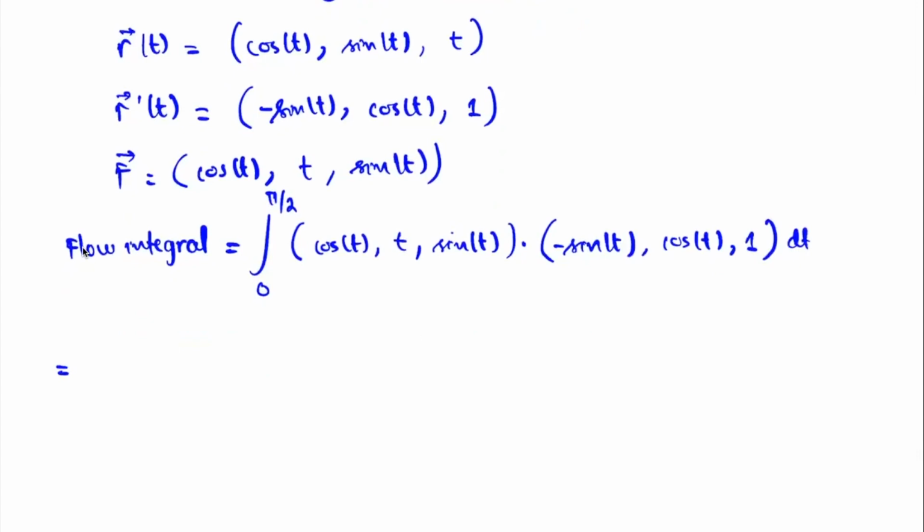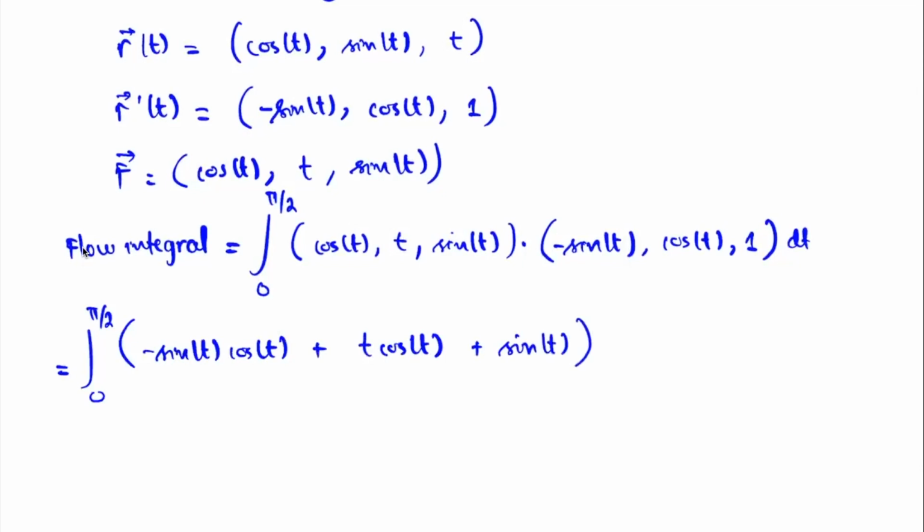All right. So we manipulate the integrand and see what we got here: the integral from 0 to pi over 2 of negative sine of t cosine of t, plus t times cosine of t, plus sine of t. You don't have to do the calculation; I'm going to give you the answer. At this level, we care more about setup, so let's not focus too much on the calculation.